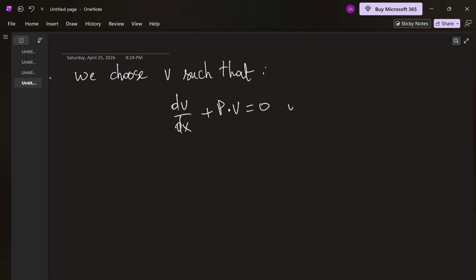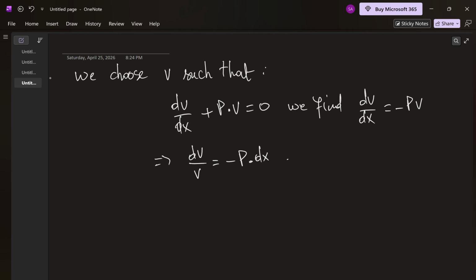Now we find that this dv over dx is equal to minus p times v. Next we will get that dv over v is equal to minus p times dx.